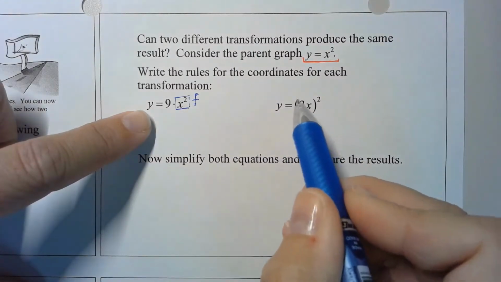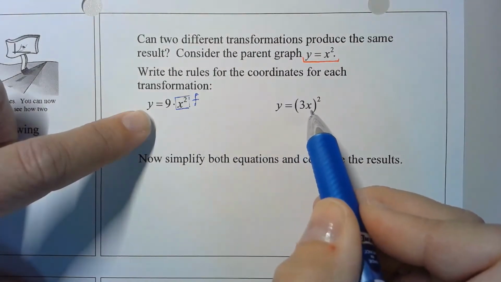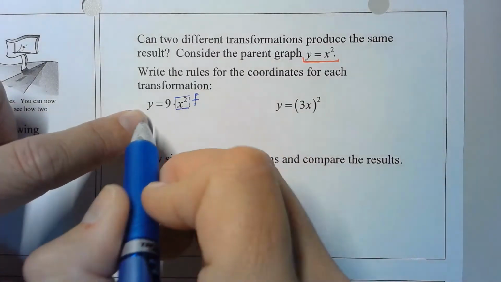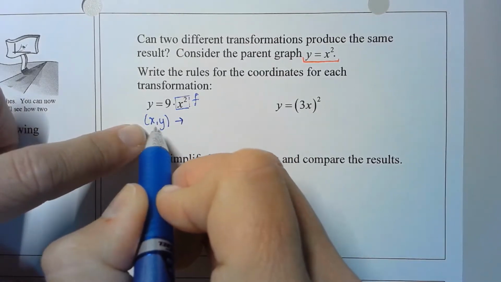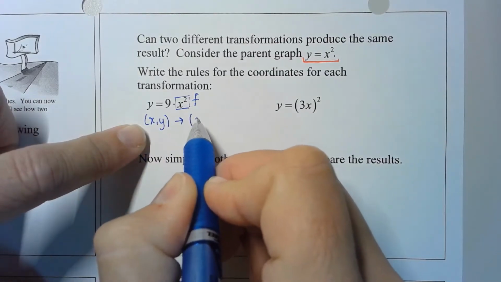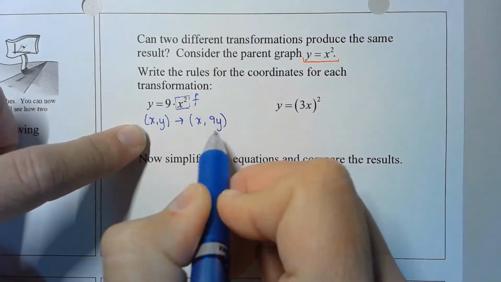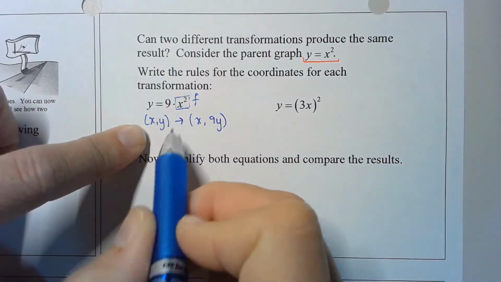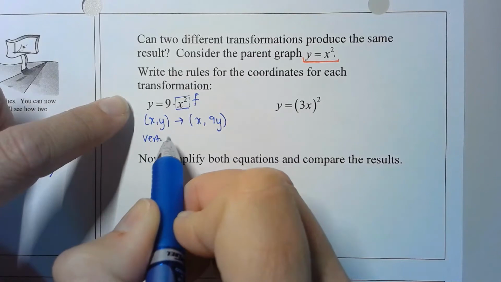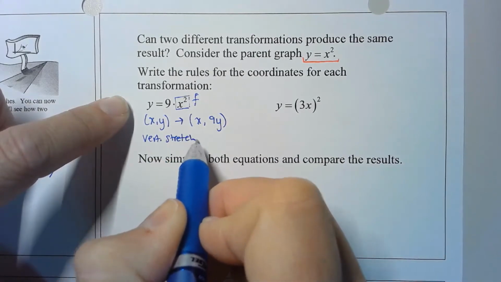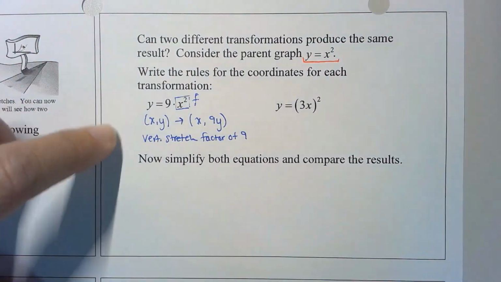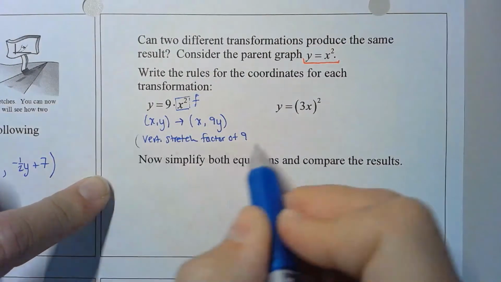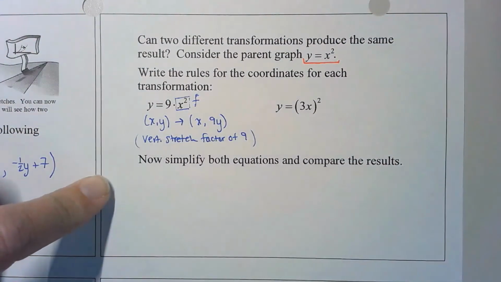When would it look like if it's inside? Well, then they'd use parentheses and put it inside. So that means any point on the parent graph x, y will become x comma 9 times y. This is a vertical stretch by a factor of 9, if we're thinking about describing the transformations.